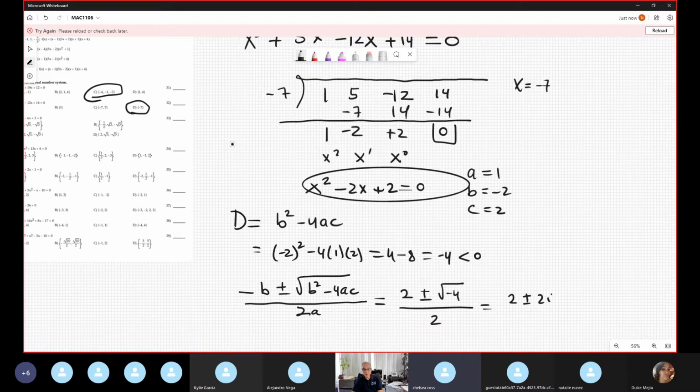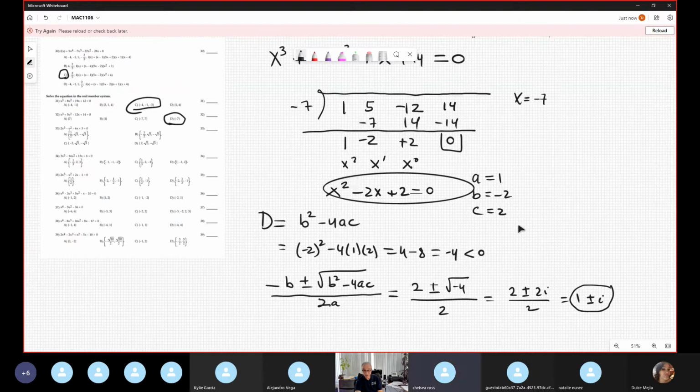The square root of 4 is 2, and the square root of a negative number is imaginary. Divided by 2, actually it is 1 plus or minus i, because you split the common denominator, 2 divided by 2, and you get imaginary. This is good when you need to express the factorization in complex, like the last questions, but not in this question.